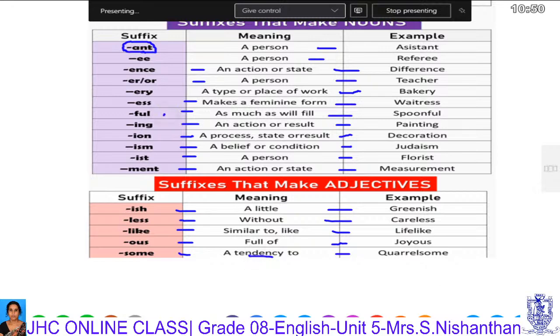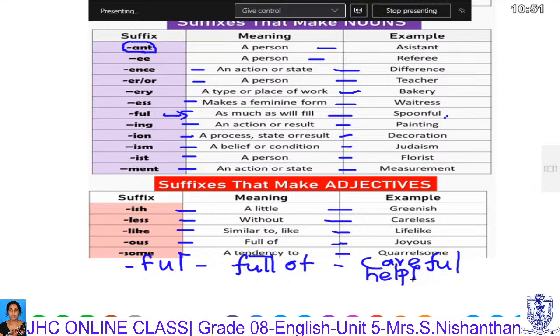This full gives you noun, spoonful, and here is also another full that is also full of that quality. It gives the adjective. Careful, right? That is noun. Spoonful is noun. Spoonful of rice, right? A measurement. This is careful, helpful.